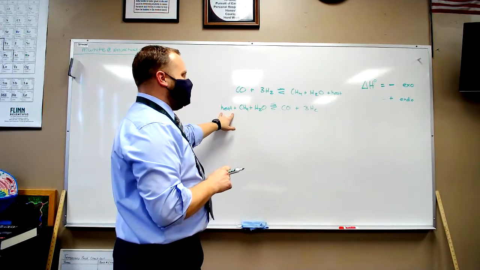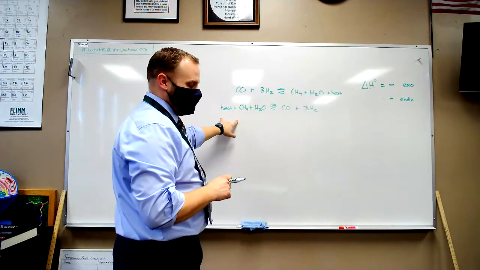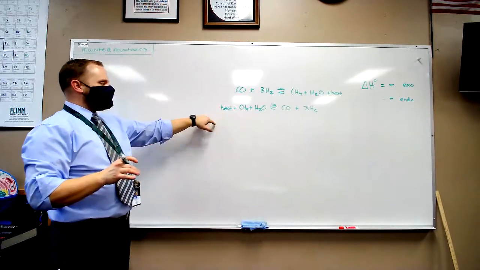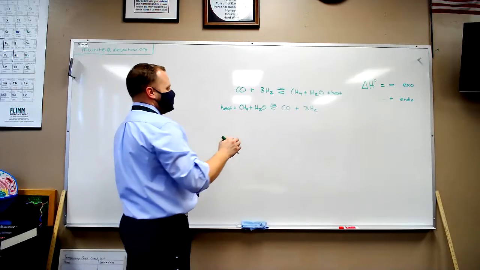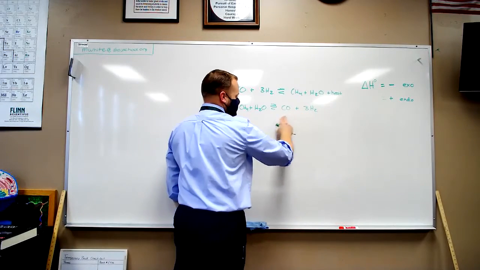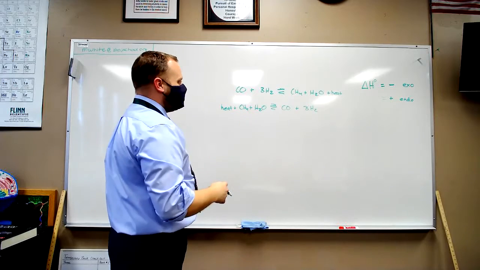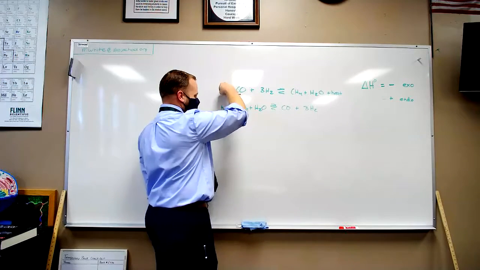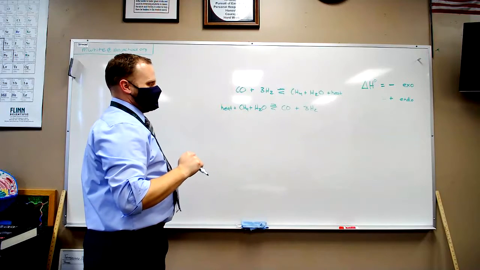So we would think of heat as a reactant. And in this case, if we wanted to get more, we'd add more heat. We would heat up the methane and the water, because that would mean we were treating it like a reactant instead of a product.